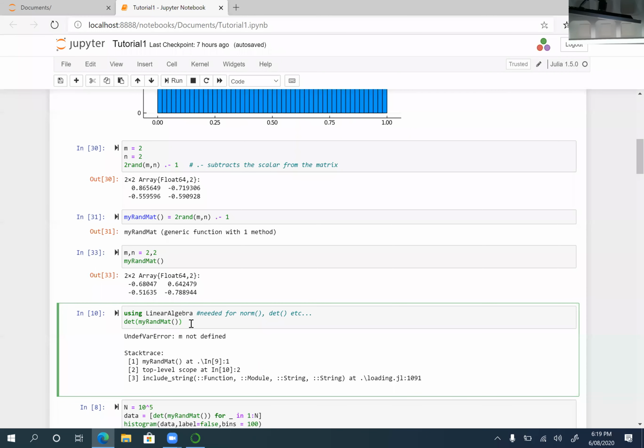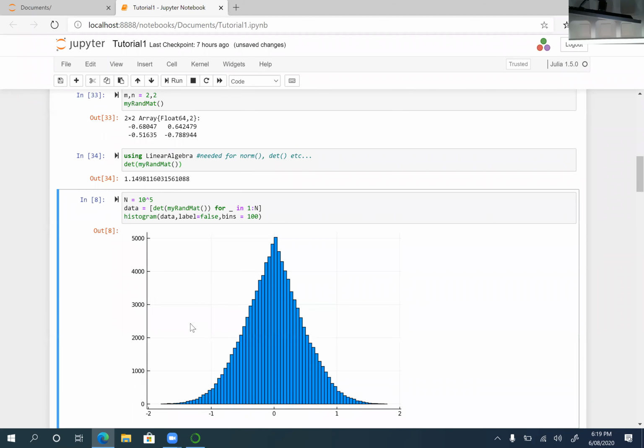Now, since the entries are between -1 and 1, this places the determinants between -2 and 2, right? Because the signs could all be such that you could end up with something very close to -2. And likewise, on the upper end of the spectrum, you could end up with a determinant very close to 2. All right, so I'll press Shift-Enter here. Okay, and that's all good.